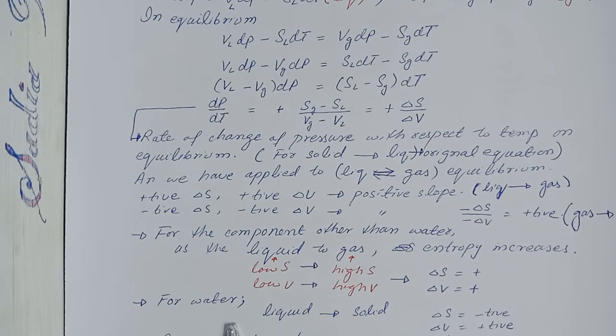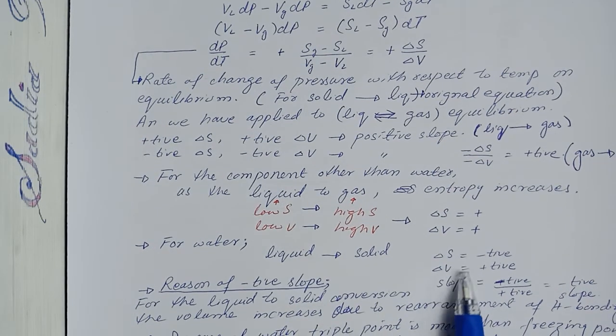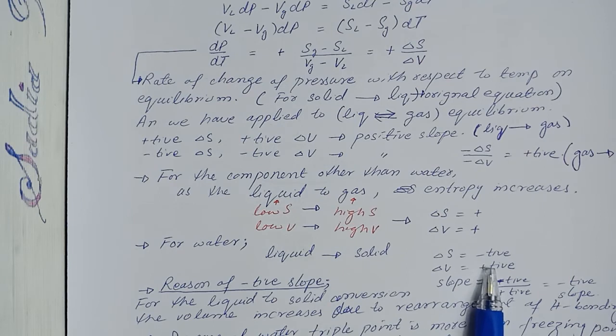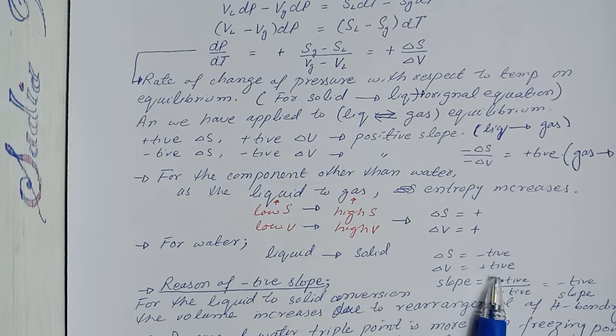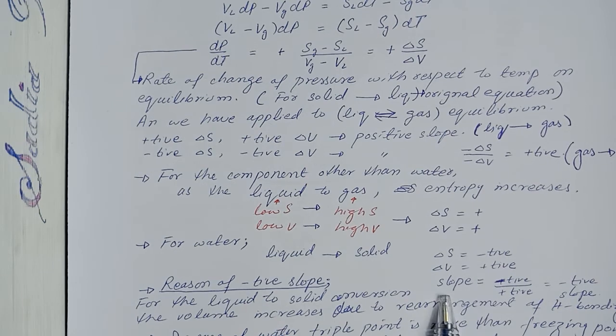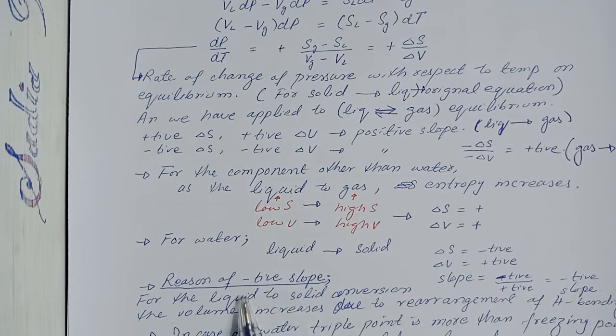But for the case of water, when we are moving from the liquid to the solid, the entropy change is negative and the volume change is positive, and thus the slope is negative for water when we are discussing the change from liquid to solid, that is the phase boundary.